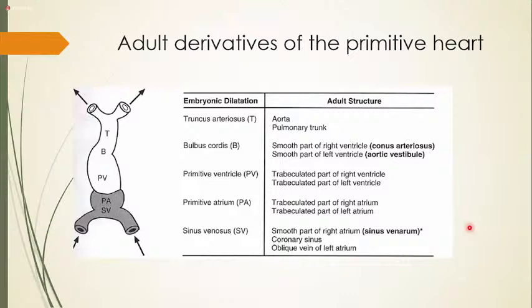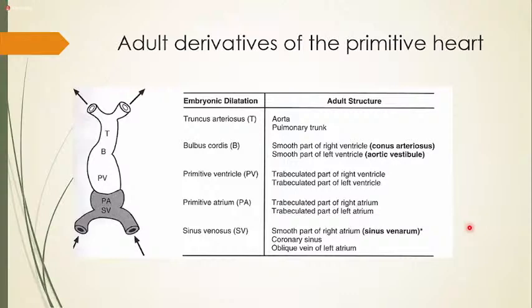From the primitive atrium, we get the trabeculated part of the right and left atrium. From the sinus venosus, we get the smooth part of the right atrium, that is the sinus venarum, and then the coronary sinus and the oblique vein of the left atrium.